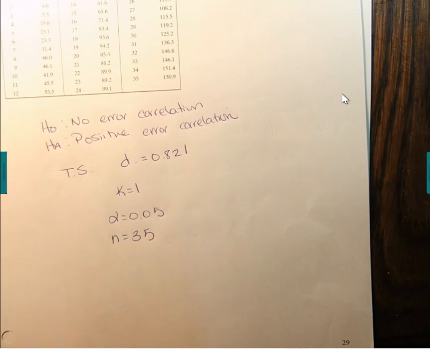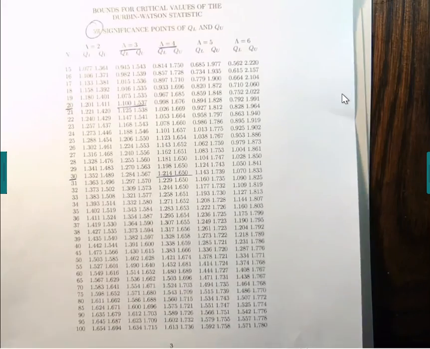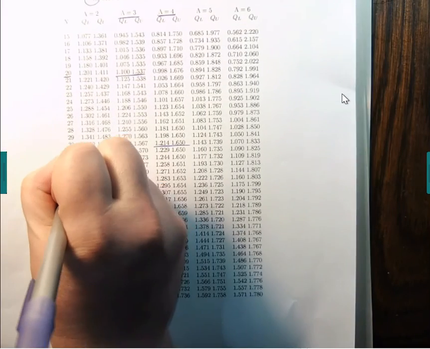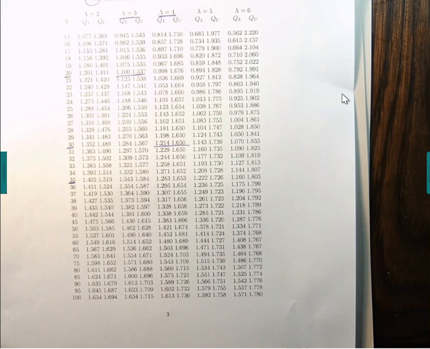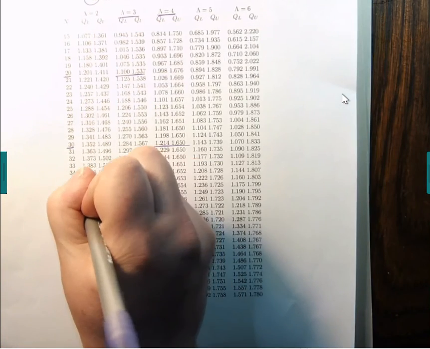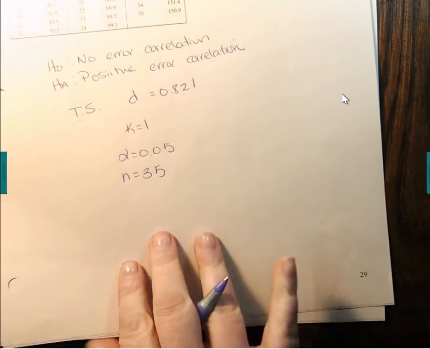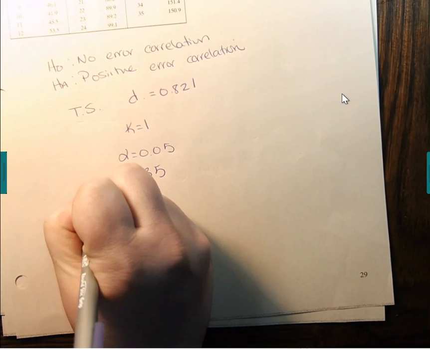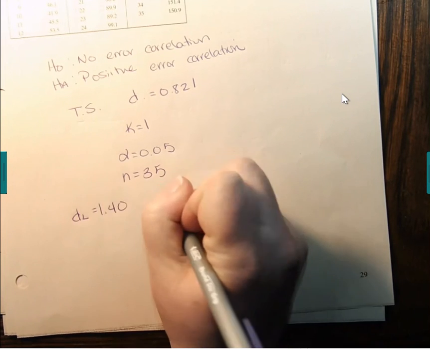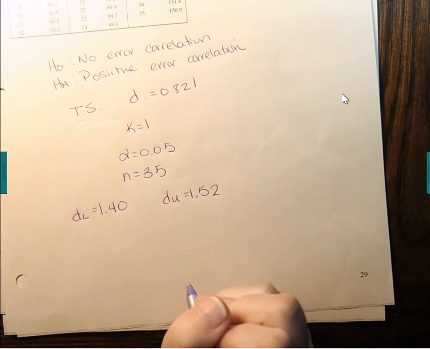Alpha is 0.05, so again, I'm going to use that 5% table. This time N is equal to 35, so I'm going to need this row. And then K is equal to 1, so I will need this column. So here are my endpoints. So notice my lower bound is equal to 1.40 and my upper bound is equal to 1.52.